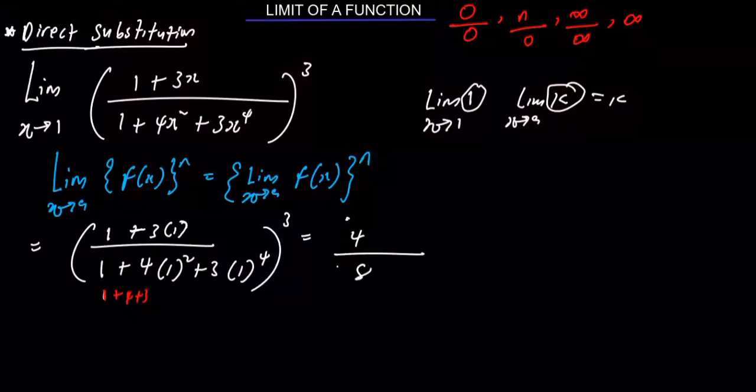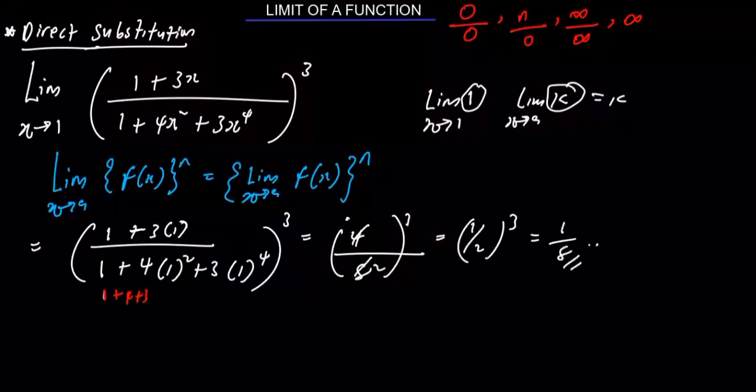So I have 4 over 8, then to the power of 3. That is 1 over 2, all raised to power 3, and that will give me 1 over 8. And that's the answer to the limit.